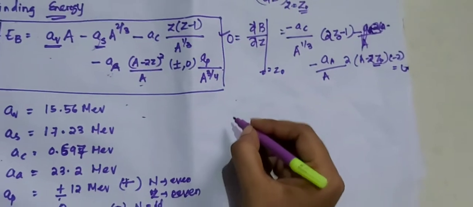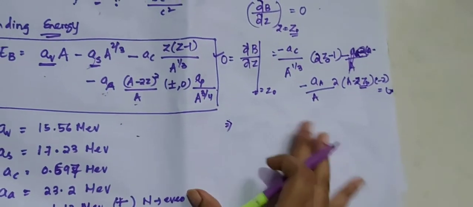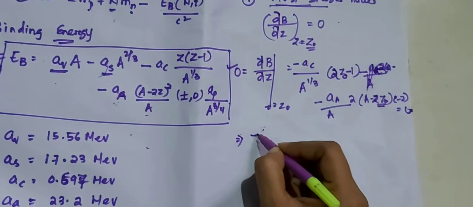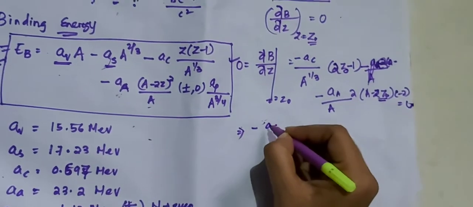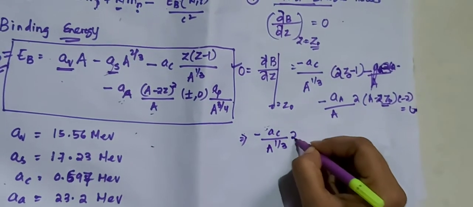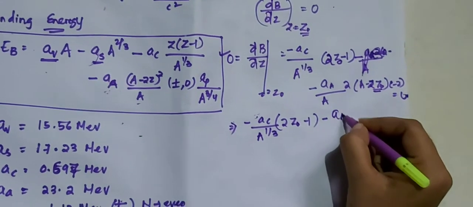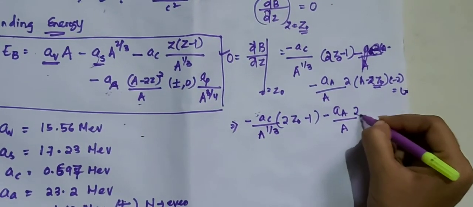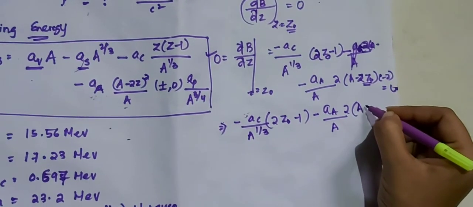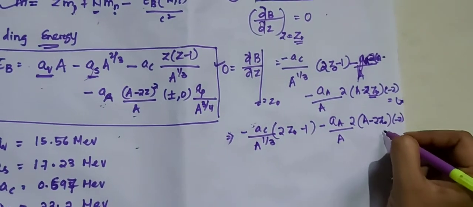Now, doing some arrangements and simplifying, I get minus AC by A to the power 1 by 3 times (2Z naught minus 1) minus the asymmetric term equal to 0.